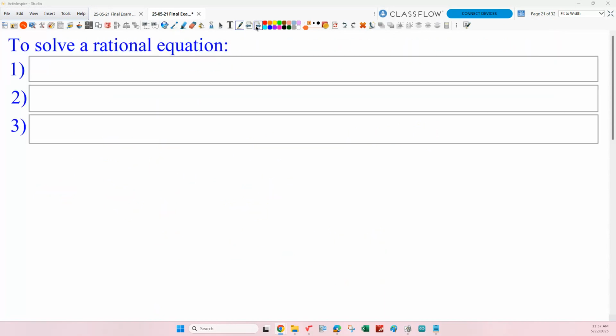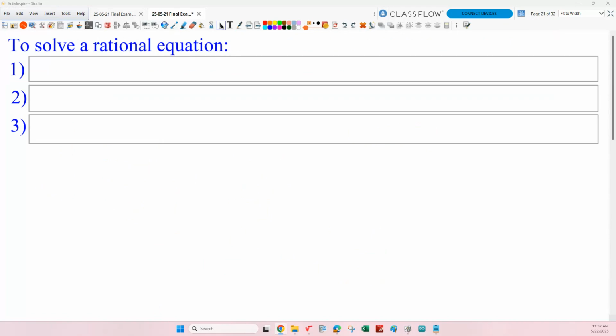Okay, so we're now looking at solving the equations. So what were the two ways that we could solve equations? That's one of them, yeah. Cross multiply, and then what was he doing?